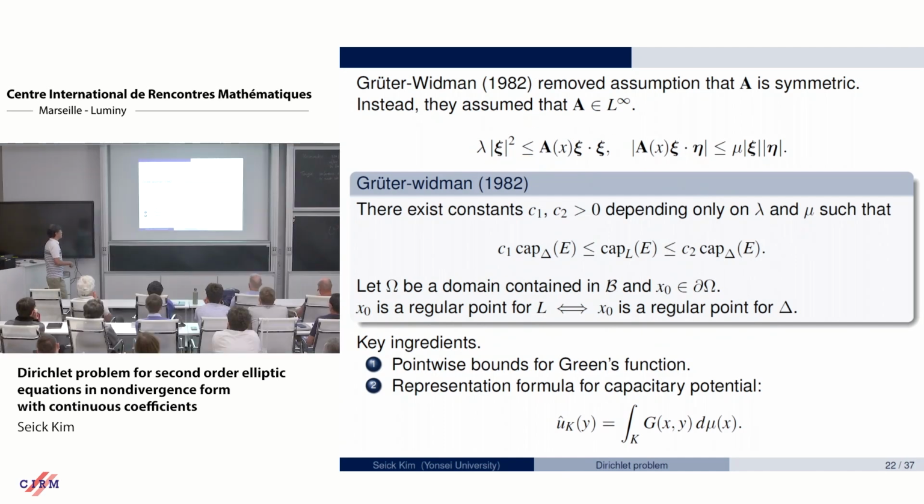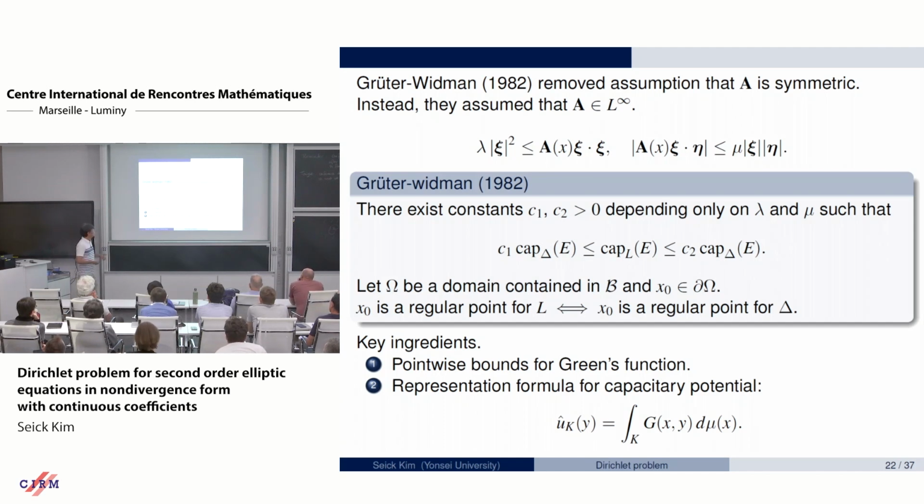So again, the key ingredient is a pointwise bound for the Green's function, and then a representation for this capacity potential. Okay, so if you have that, then basically you can follow the proof of Wiener really to get this equivalence.